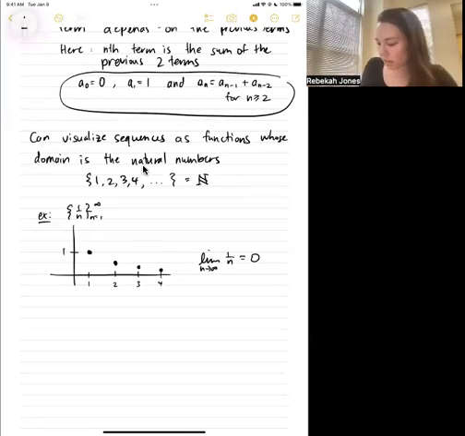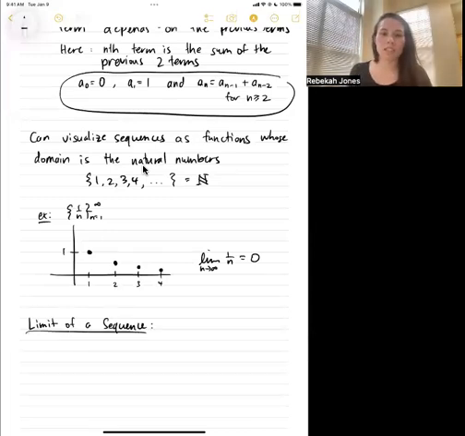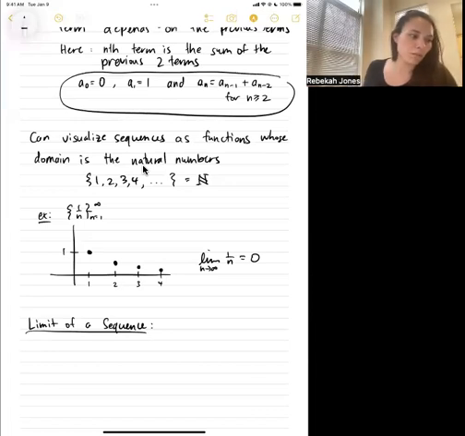So let's be precise about what we mean by a limit of a sequence. Basically, this is consistent with your idea of limits from before.